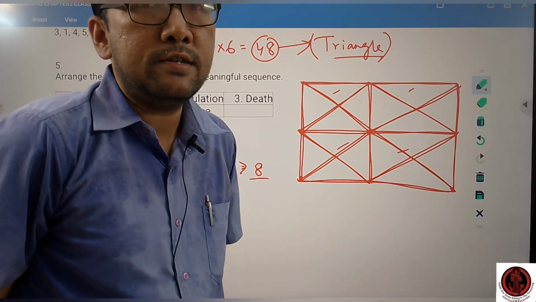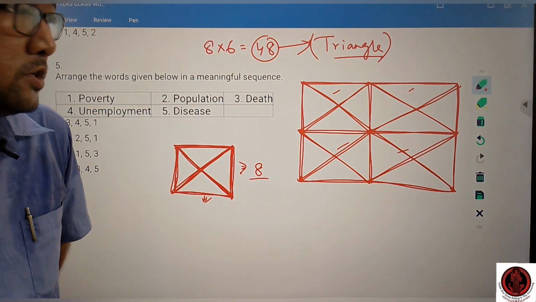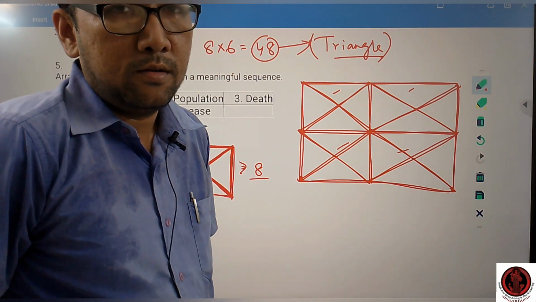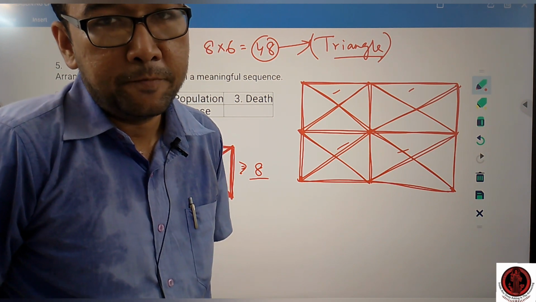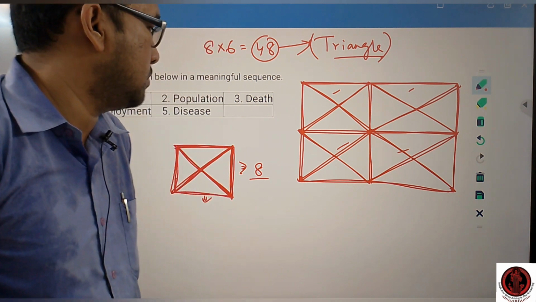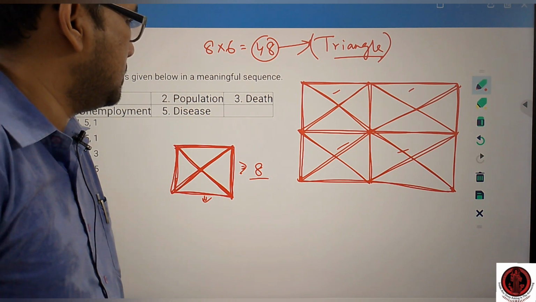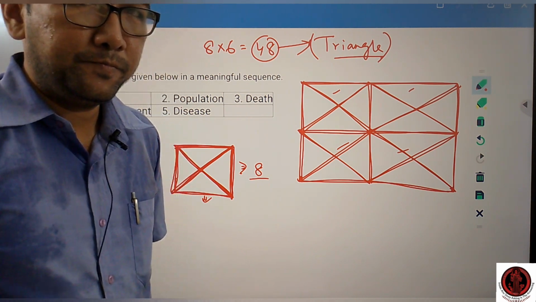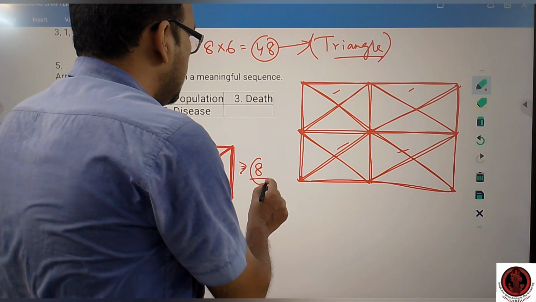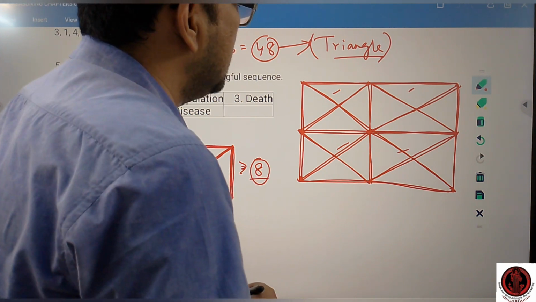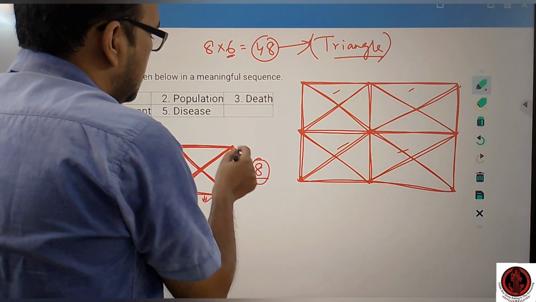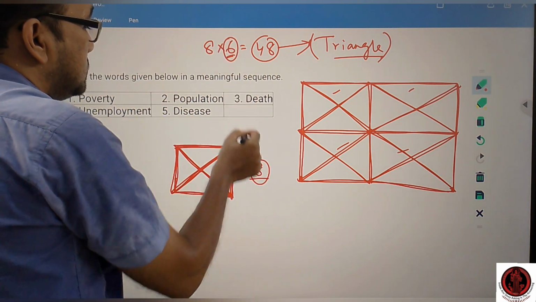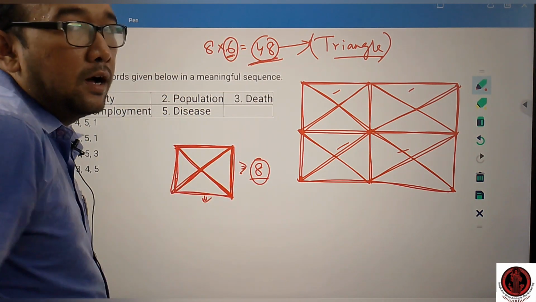So when you count the triangles, the method is first you have to identify the smallest figure by which the bigger figure is formed. After identifying it, count the number of triangles. Then that number will be multiplied with the number of repetitions. Because this figure is repeated 6 times, 8 into 6, 48 is the answer.